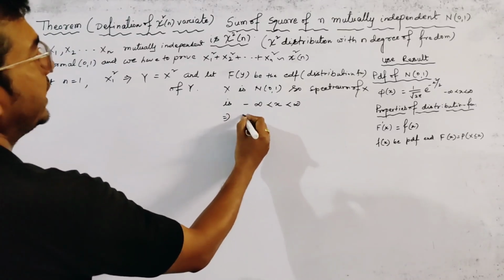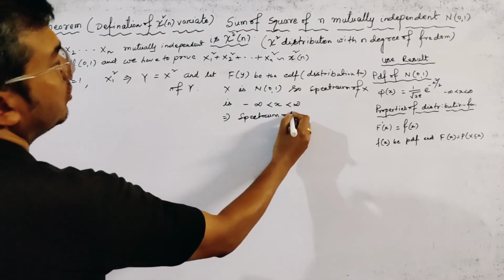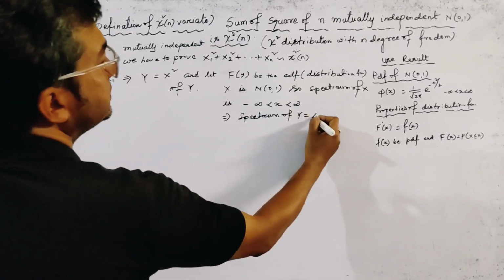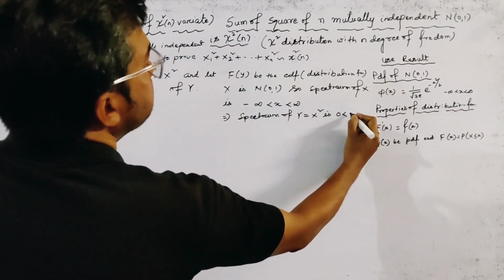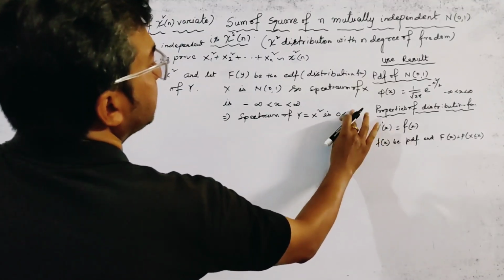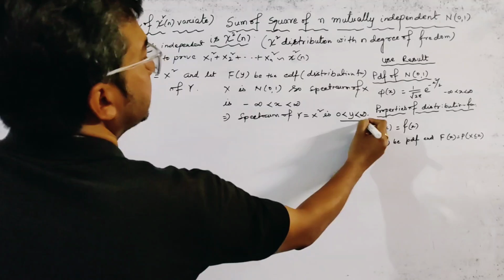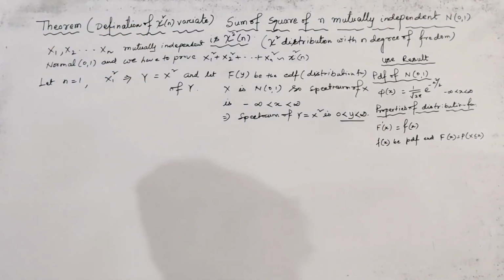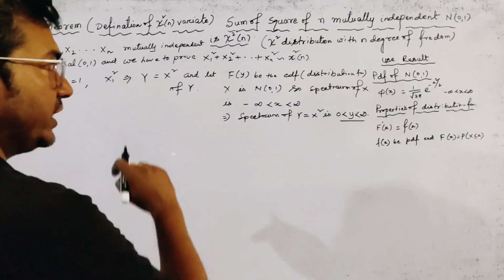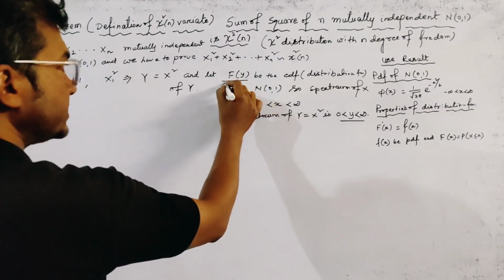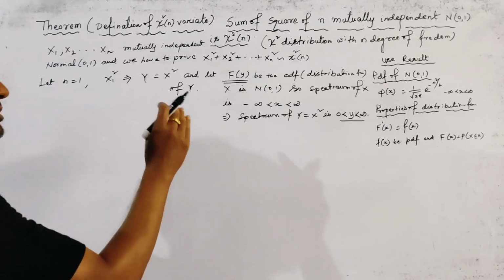And this implies that the spectrum of y, which is equal to x square, is clearly 0 less than y less than infinity. This is the spectrum. Now we try to find the CDF or distribution function of y. How to find the CDF?